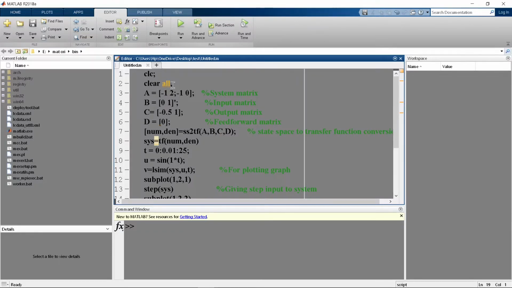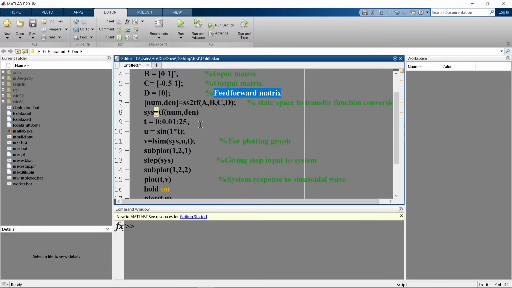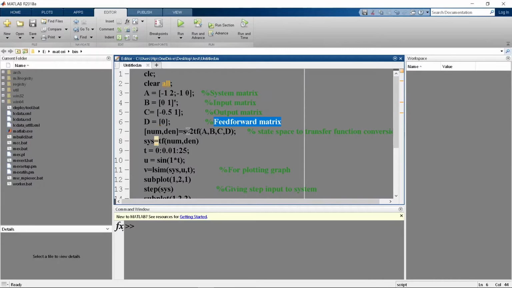First, CLC and clear all will clear our workspace every time we run the program. A is the system matrix, B is the input matrix, C is the output matrix, and D will be 0 because we have not found any value at D. Then from this function SS to TF we input A, B, C, D, and this value will be stored in num and den variables.